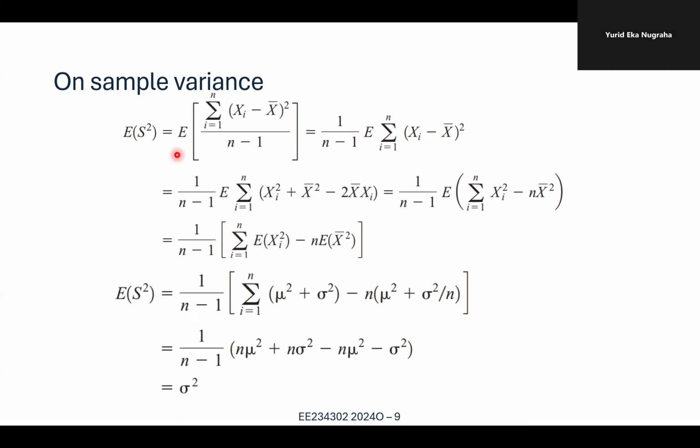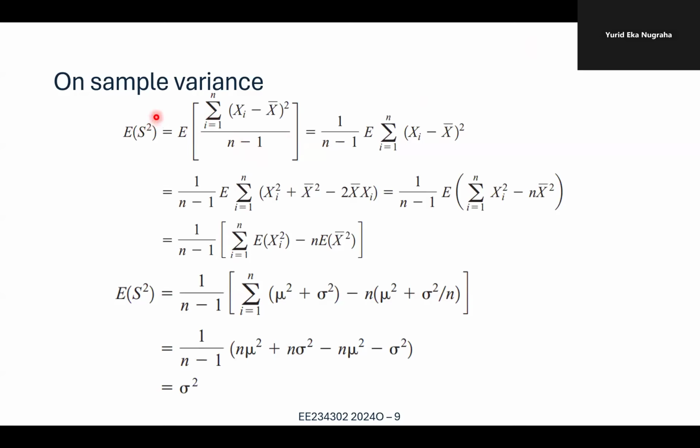But for the sample, it's actually not divided by n, but by n minus 1. So this is the one shown in the last slide. All right, so this is the example of the sample variance.